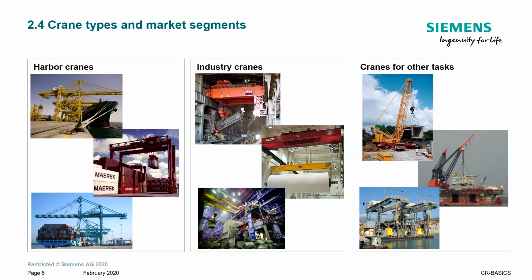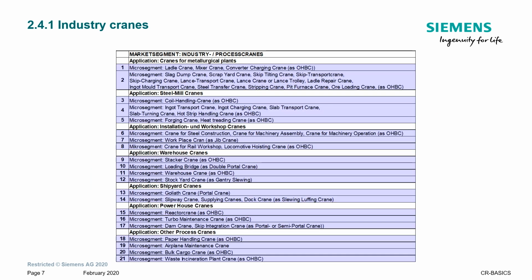Crane types and market segments. We separate our crane types into three portions. The first one is harbor cranes, the second industry cranes, and also cranes for other tasks. For industry cranes, we have here a list of market segments which are all part of industry cranes.